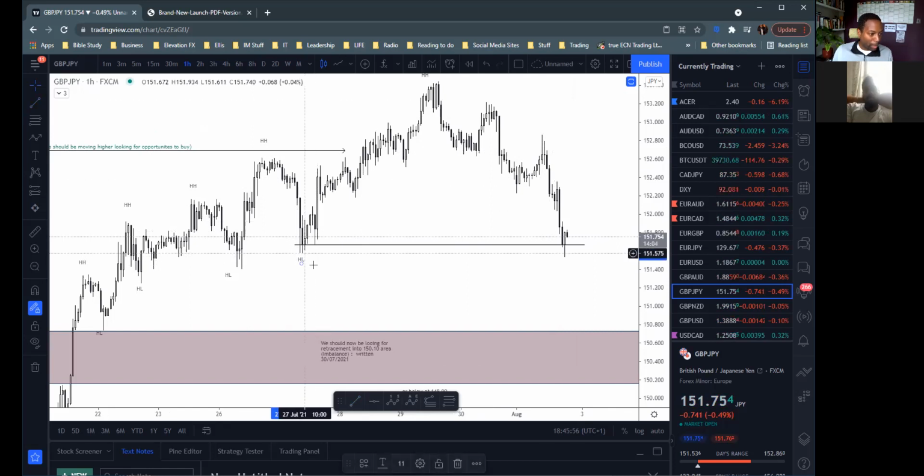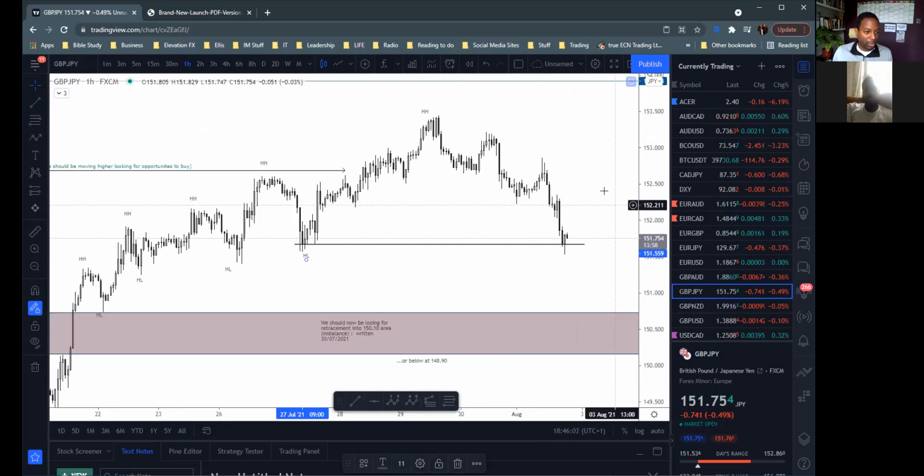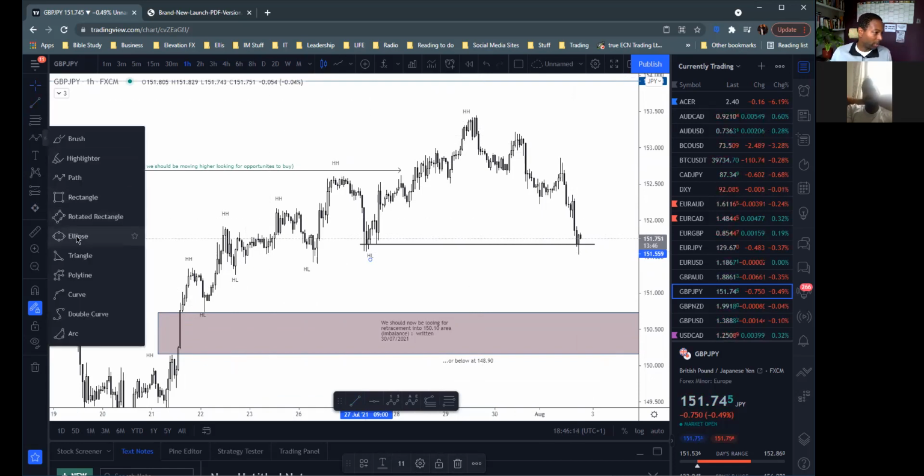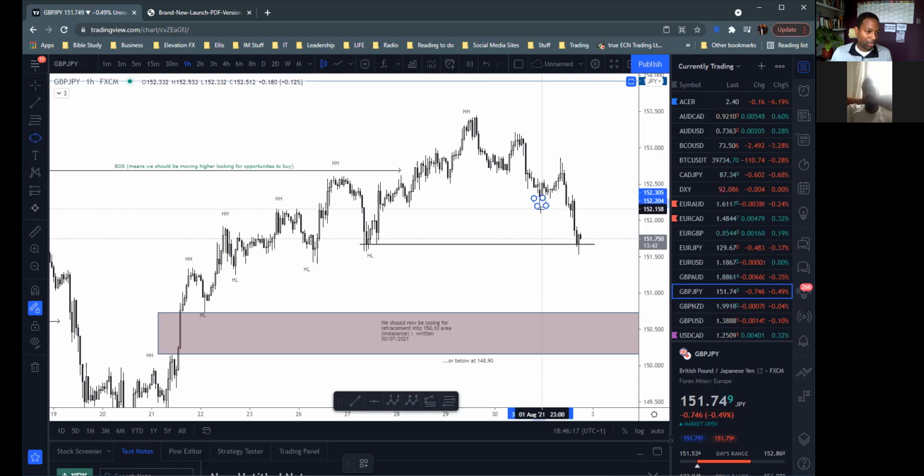But until I see a firm close below this last higher low, there's every possibility that we continue with the direction of the trend, which right now is upward. So although I'm in a losing position, this is hypothetical. I don't like being in a losing position, but I can say to myself, well, we haven't broken this last higher low yet. So there's every possibility that this higher low remains intact and that the market continues to go in the upward direction.